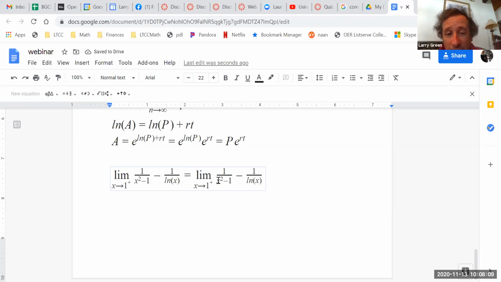So I'm going to have a 1 over x squared minus 1 times ln of x, because that's the common denominator. When there's nothing special about the two, the common denominator is just multiplying them. And the numerator is going to be ln of x times x squared minus 1.